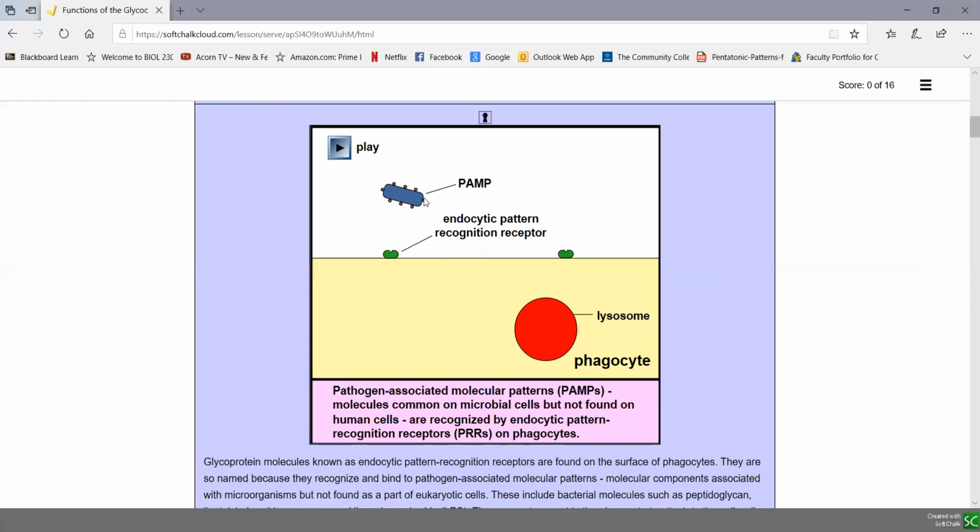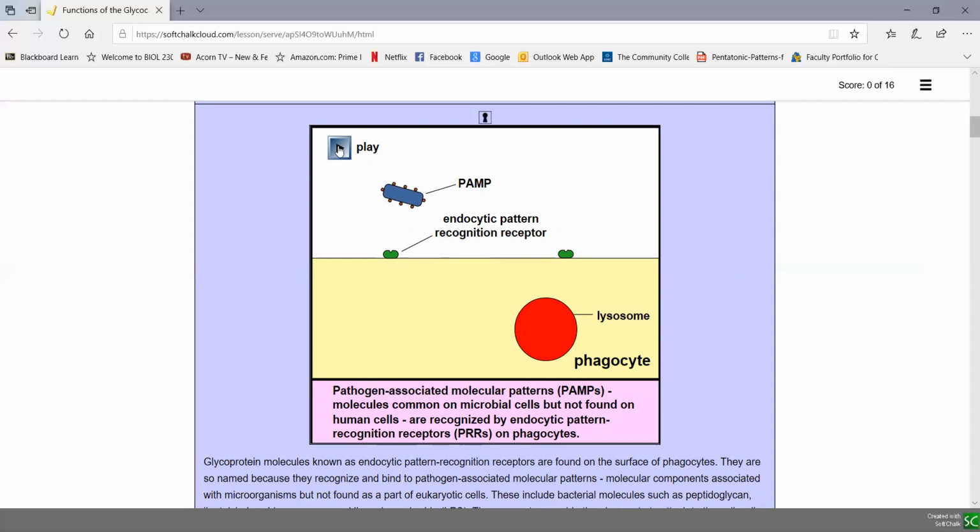So here we see some PAMPs on the surface of a bacterium. Again, that could be some cell wall components like peptidoglycan or LPS or teichoic acids or whatever. And we have endocytic pattern recognition receptors on the surface of phagocytes, receptors that promote endocytosis, that is phagocytosis and pinocytosis.